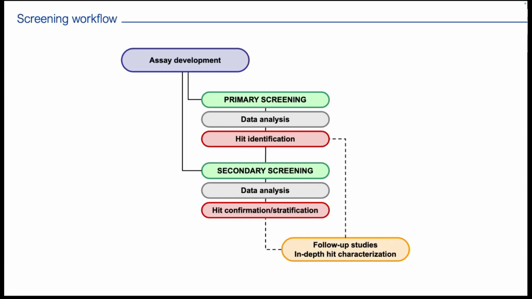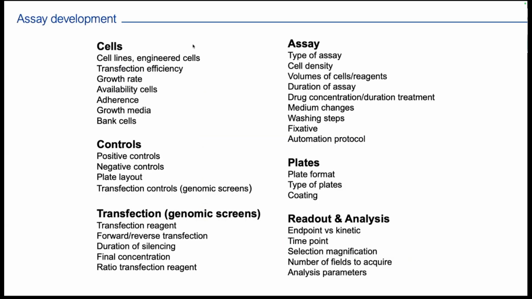So the job in the lab is that we spend 3 months doing assay development. We spend 3 weeks doing the screening, and you aim at spending 3 years doing the follow-up. Okay, so this is for the ones that are starting the PhD to have an idea of how it goes.